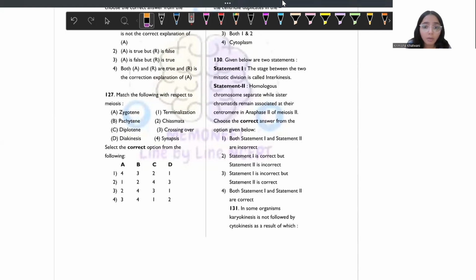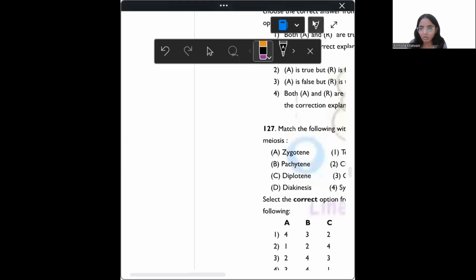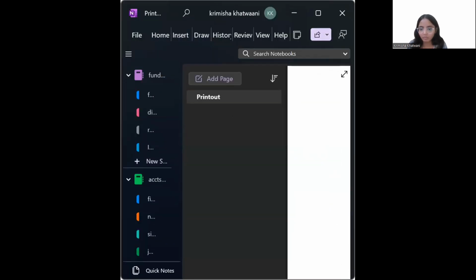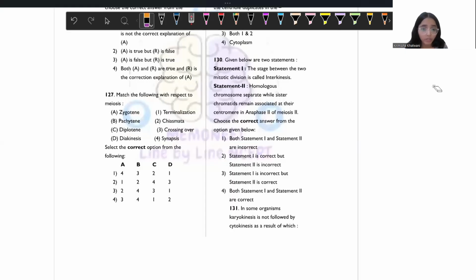Homologous chromosomes separate while sister chromatids remain associated at their centromere in anaphase 2 of meiosis. I'm sorry for the glitching. So coming back, 130. The answer is both are wrong.